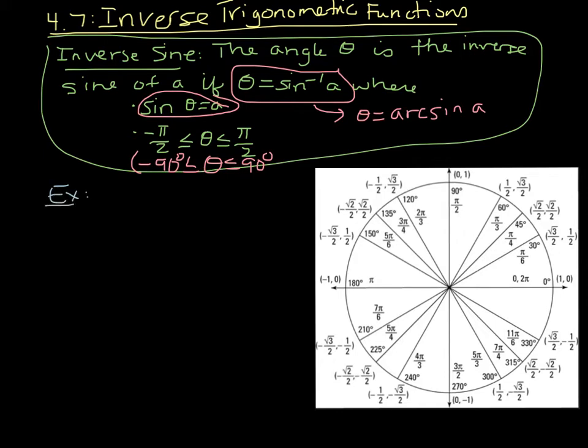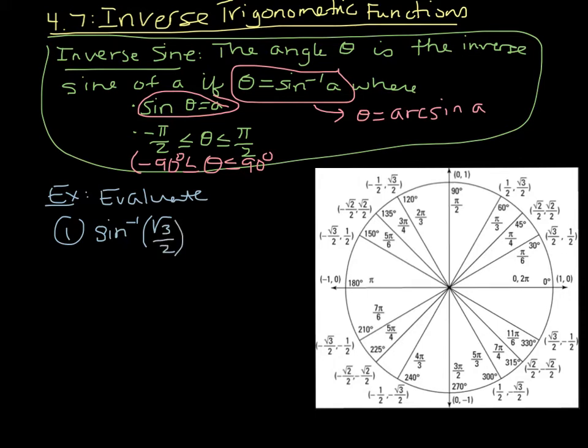I have a unit circle here. I think that'll help a lot. So we're going to evaluate a few things. The first thing that we're going to evaluate is inverse sine of radical 3 over 2.